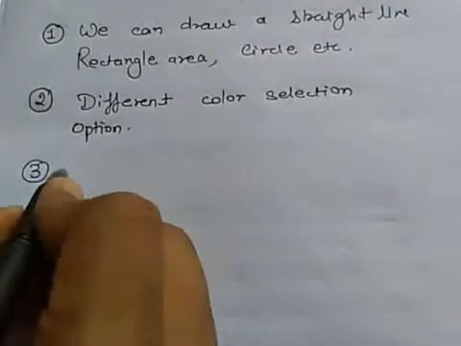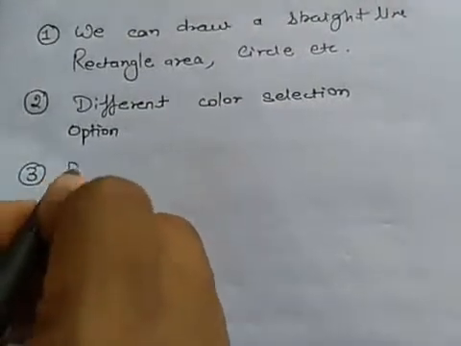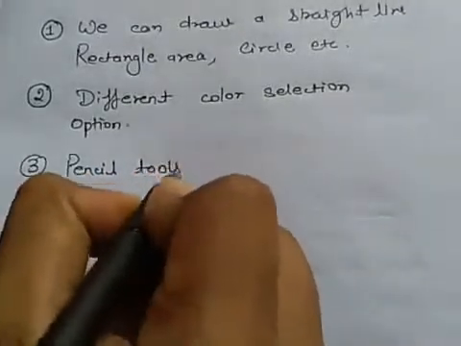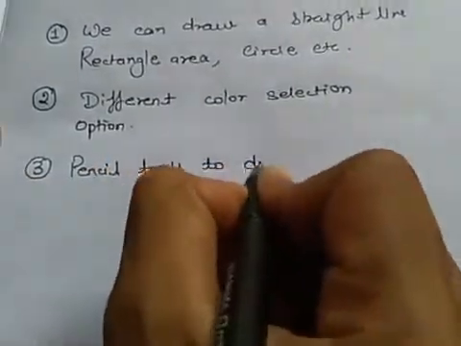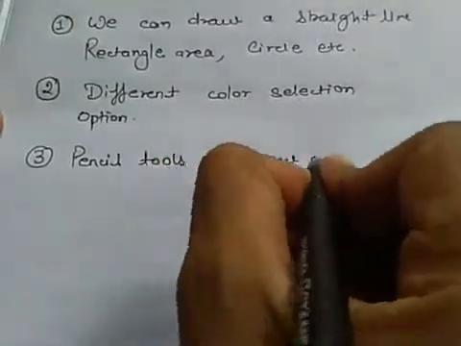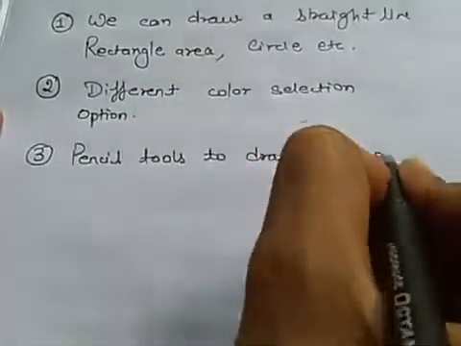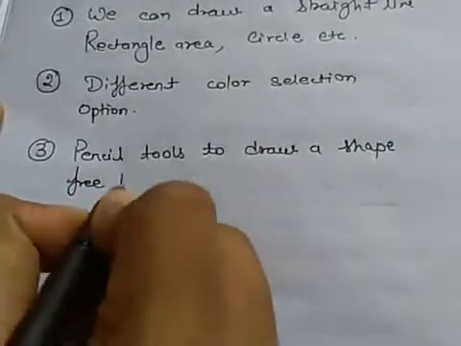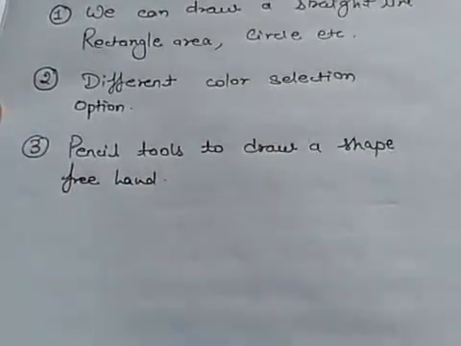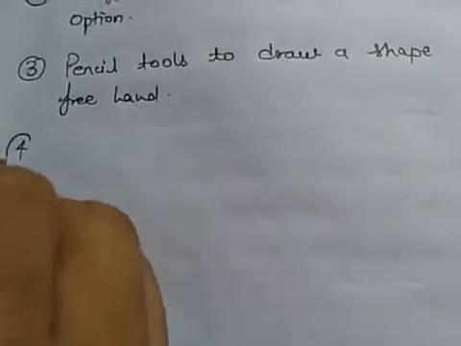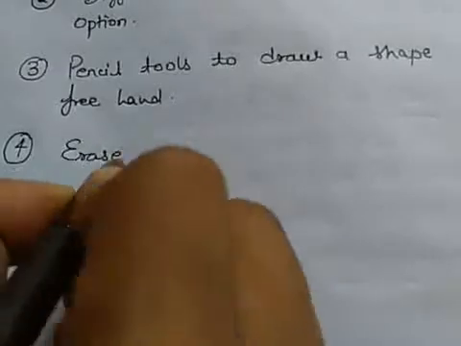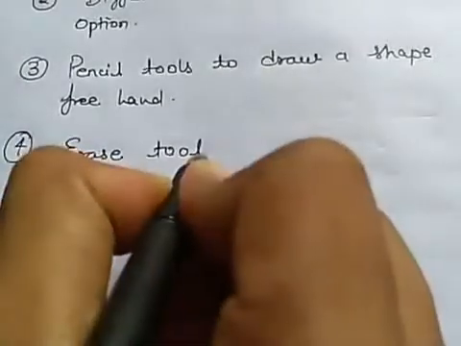Now the third point we will get in this, we will get pencil tools to draw a shape with the help of freehand. Now the fourth point is that we have the erase tool to erase.